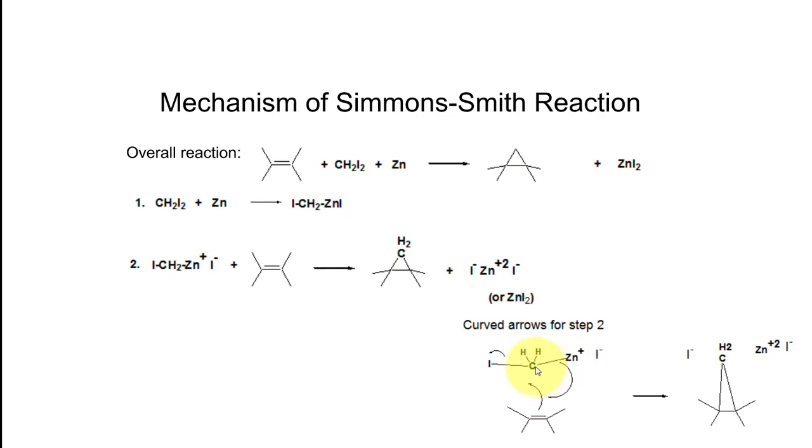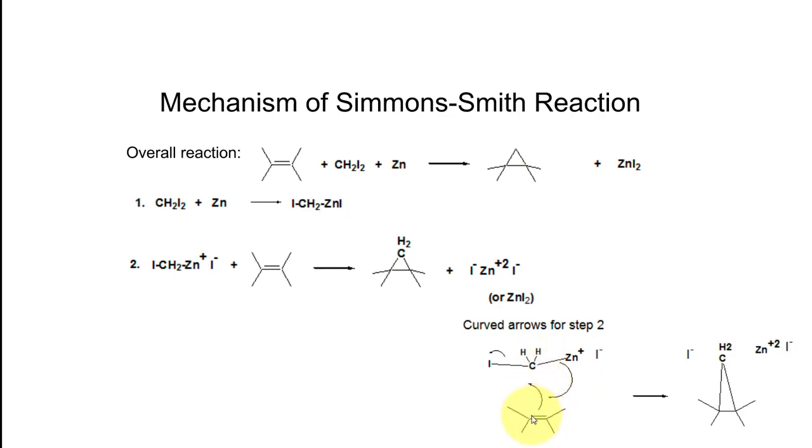This is the sort of Lewis dot structure type thing for this molecule. Notice here's the CH2. Has an iodine bonded to it covalently, has a zinc bonded to it covalently, and then this other iodide is hanging off there as a negative ion. Well, this bond between the carbon and the zinc moves in here to form a new bond between this carbon and that carbon.